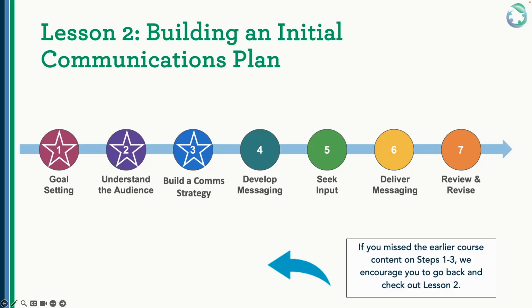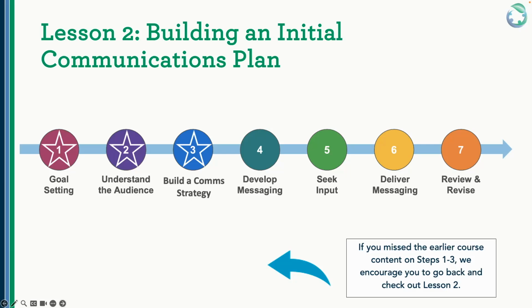In Lesson 2, we focus on the first 3 steps. The first step, goal setting. We discussed how clearly defining your communication goals provides a strong foundation for rural public health communications. Understanding why you are sharing information with the community helps clarify the intended outcomes and purpose of your efforts.